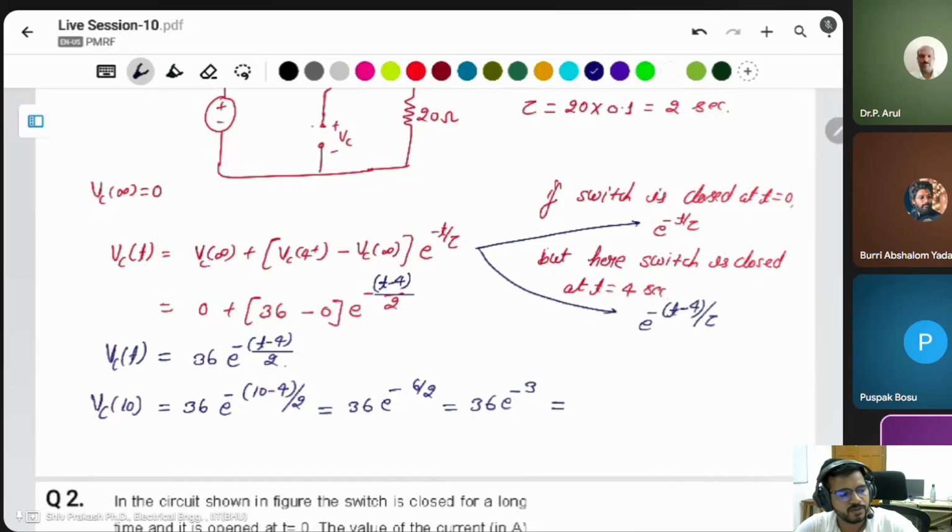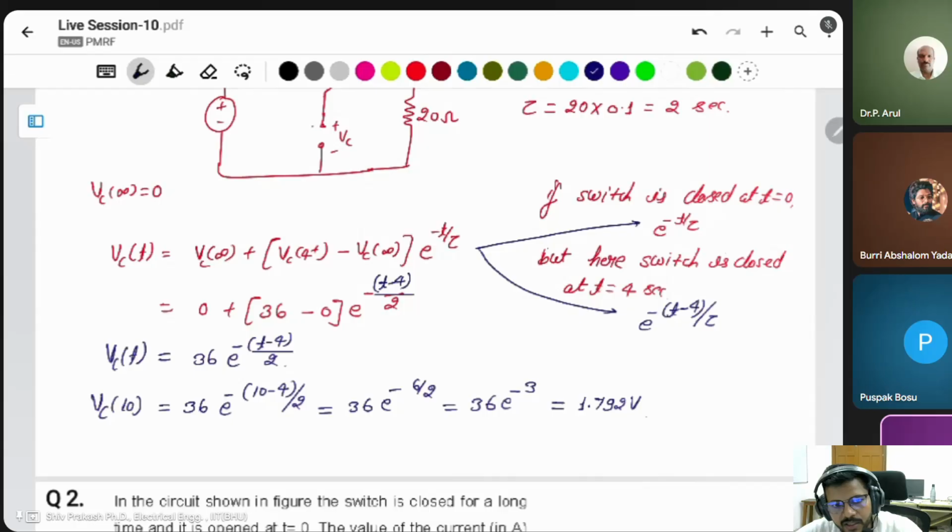We have to compute this one. e to the power of minus 3 is equal to 0.0497, times 36. This will be 1.792 volt.